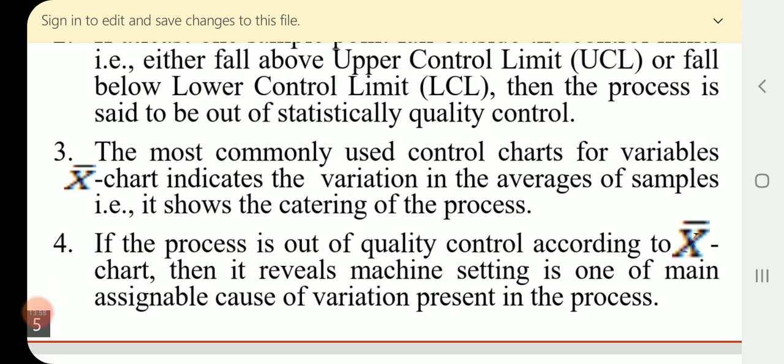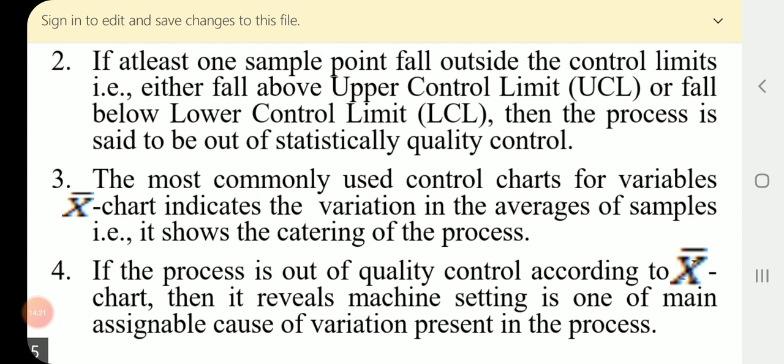See the third point. The most commonly used control chart for variables is the XBar chart. Usually we use the XBar chart, the most commonly used control chart for variables, which indicates the variation in the averages of samples. That is, it shows the scattering of the process.